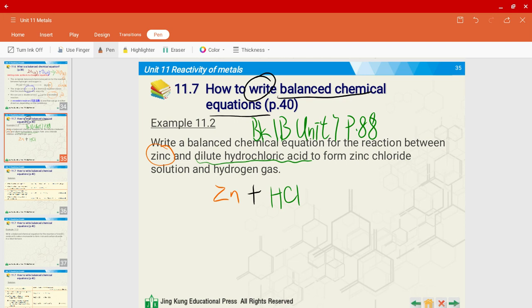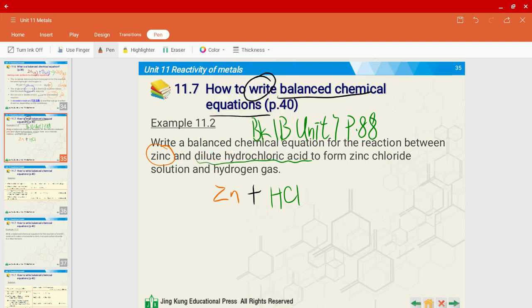So I'm just applying what I've taught you earlier. I'm recalling what I've learned as well. So hopefully by the end of the year, or after doing numerous practices, it'll be the same. It'll be a reflex reaction for you. Once you see the name of the compound, you'll immediately write down the chemical formula.